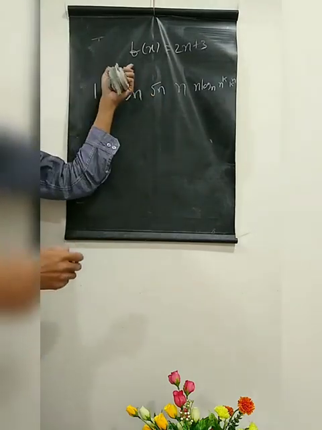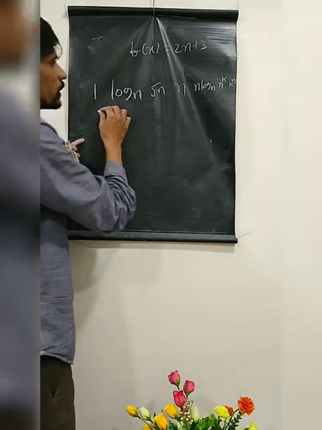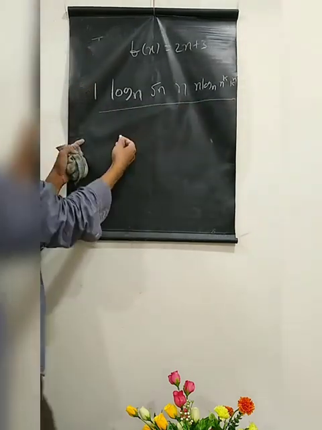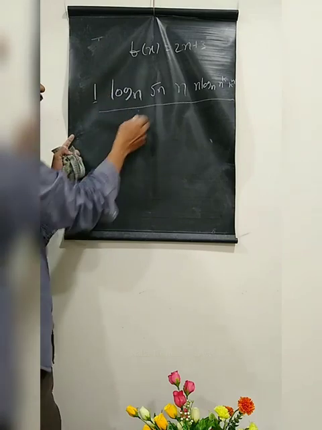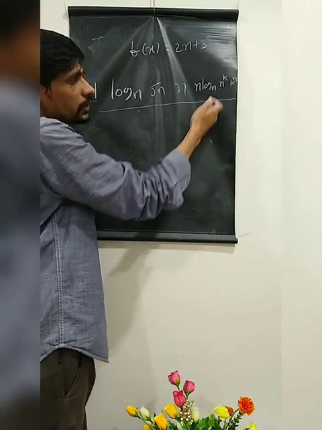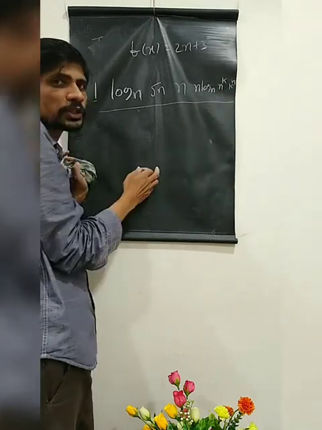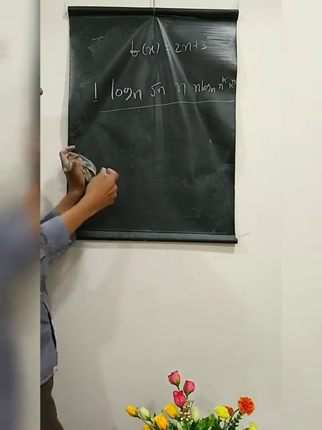So this is my function f of n equals 2n plus 3. We know these functions till now: constant, log n, root n, n log n, n power k and k power n. This is polynomial and this is exponential. We learned about these functions earlier.